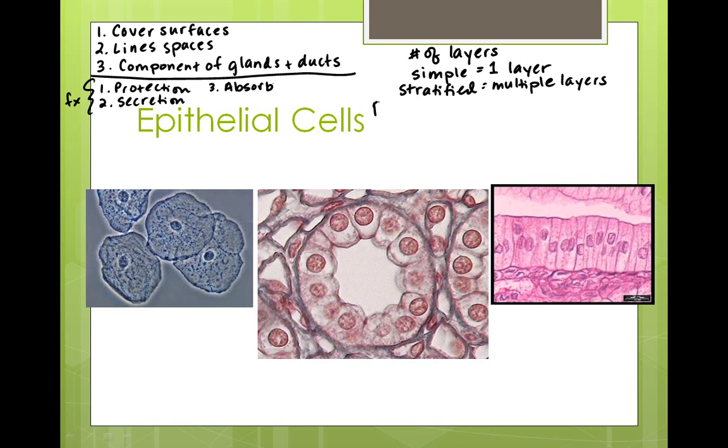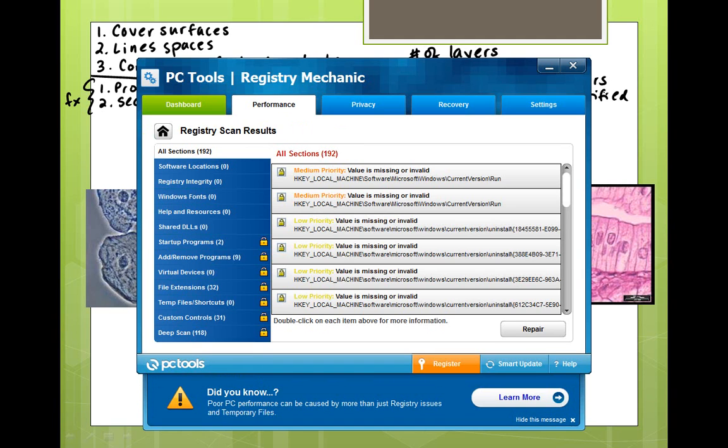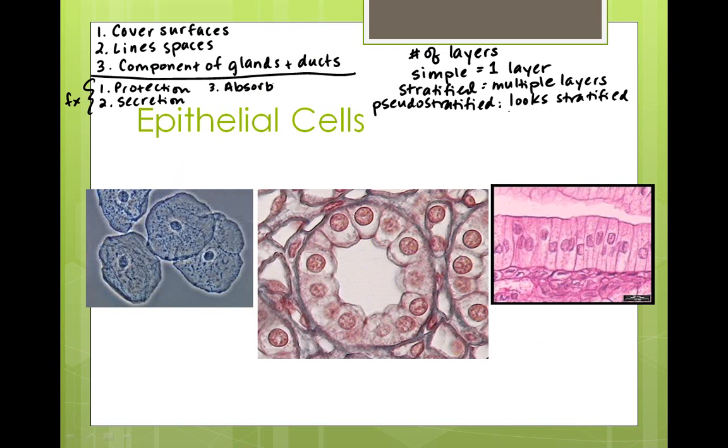And there's a third called pseudostratified, where it looks like it's many layers, like it looks stratified. But really it's just 1 layer.